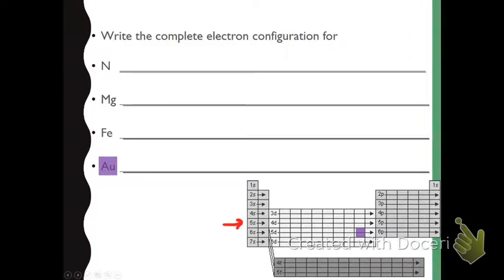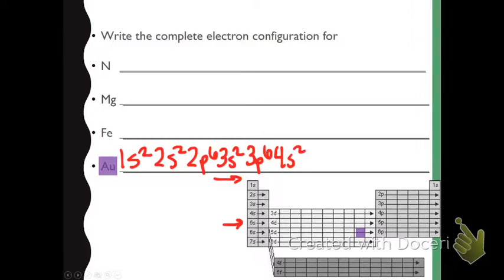Starting from the beginning, of course, with 1s2, 2s2, 2p6, 3s2, 3p6, 4s2, 3d10, if I counted those. 3, 4, 5, 6, 7, 8, 9, 10 total to go through.